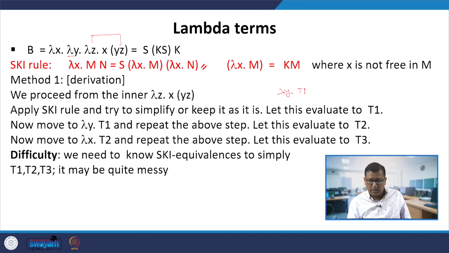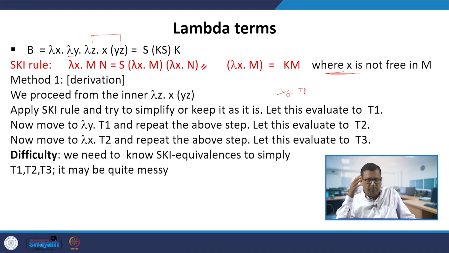T1 is an expression that contains the mn structure, so again we repeat this process and get T2. Going on, we evaluate to T3. And if M is of the structure lambda x dot M only, then we apply this rule, provided x is not free inside M. However, when we go on from T1 to T3, we come up with something very messy, which contains so many x and y and other lambda things.